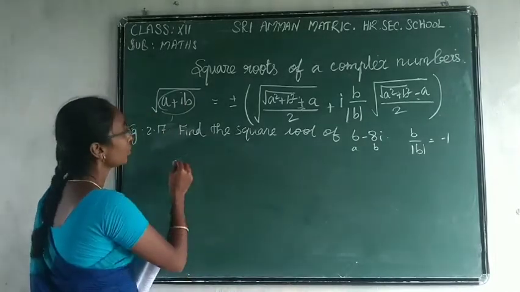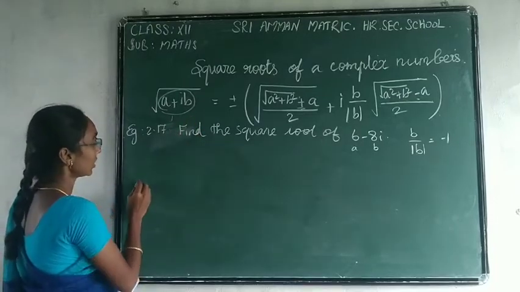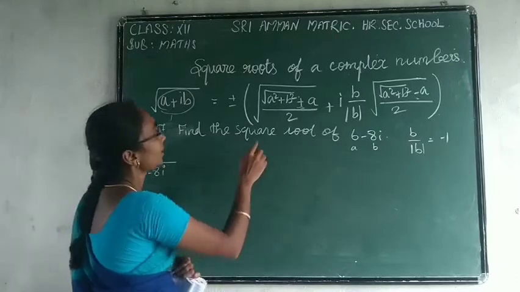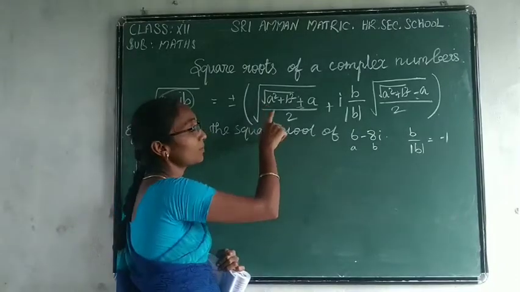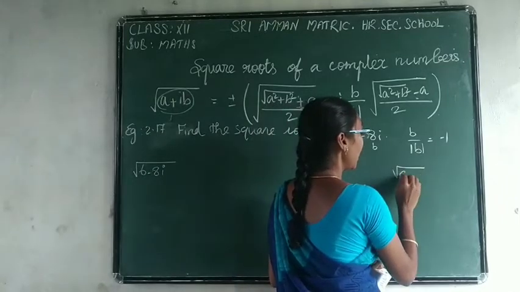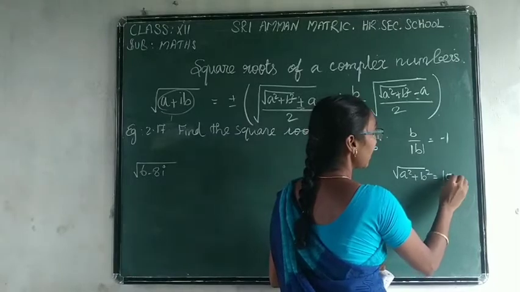Okay, first we are going to write the form of this question: root of 6 minus 8i. Listen, root of a square plus b square, what is its value? That means mod z: root of a square plus b square equals mod of a plus ib.